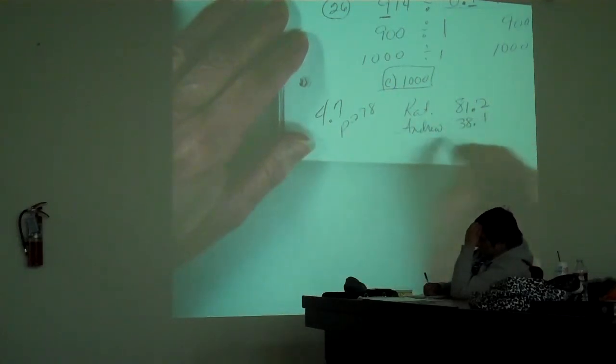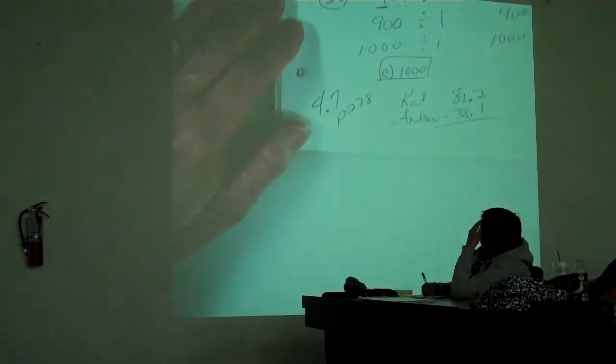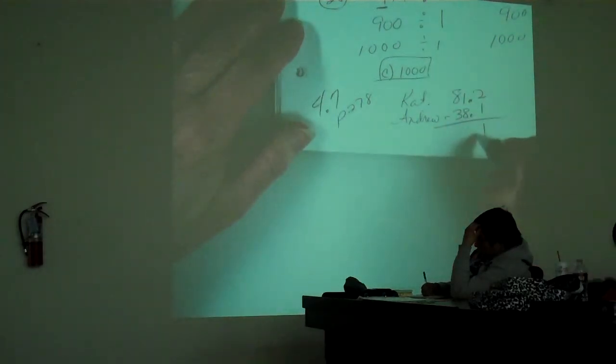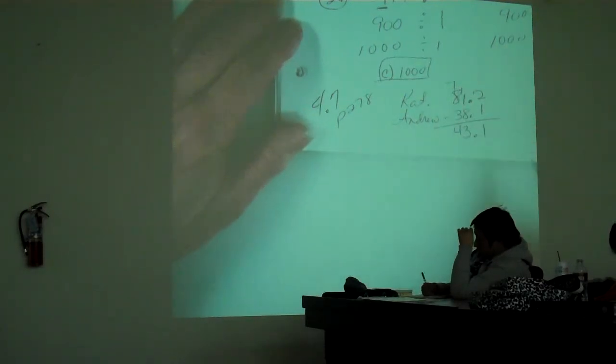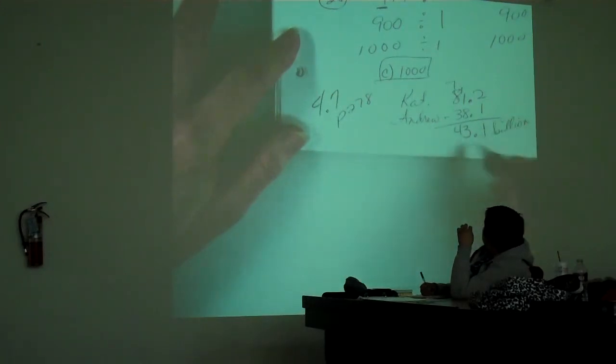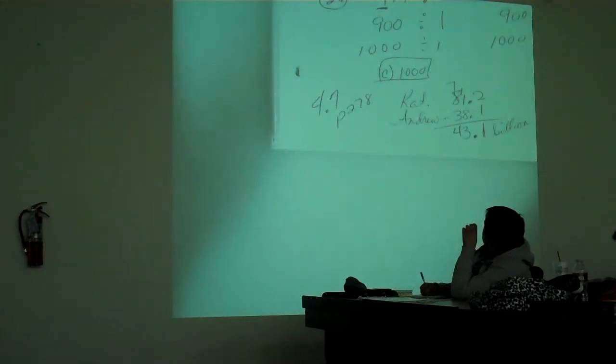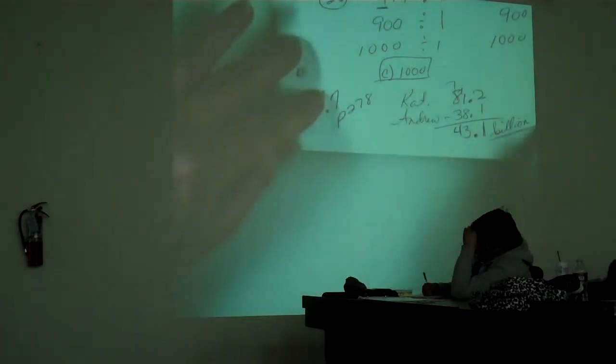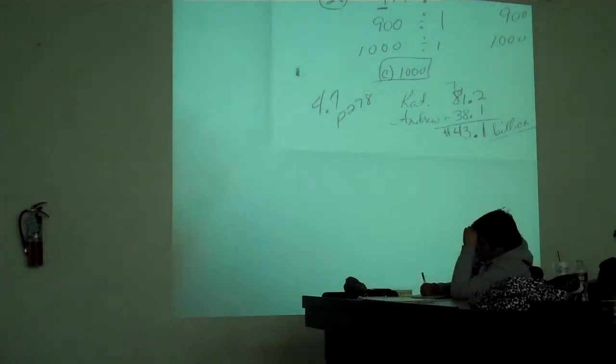So all you have to do is subtract those numbers. 2 minus 1, we have to borrow for that one. 11 minus 8 is 3, 7 minus 3 is 4. Go ahead and write billion after that though. It didn't cost 43.1 more. It wasn't $43 more. It was $43.1 billion more.